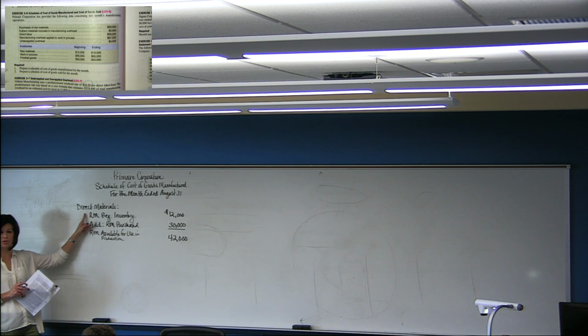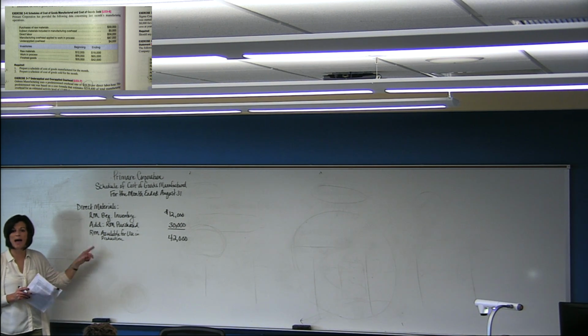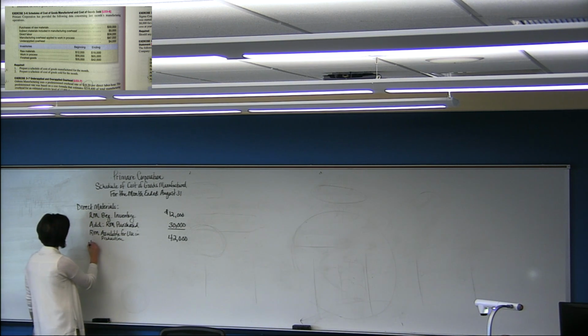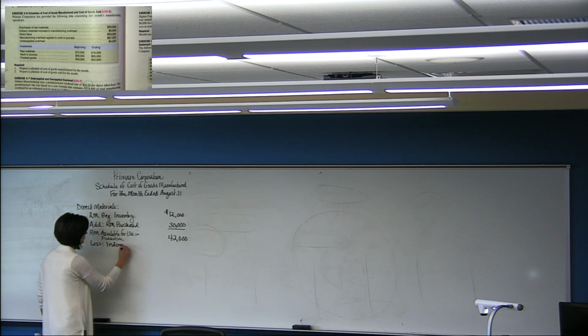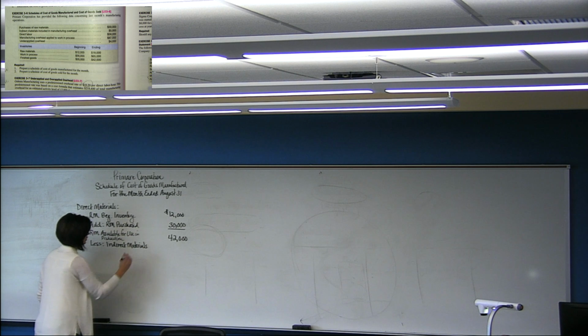And then I can use those two terms interchangeably, raw materials, direct materials, as long as they're all direct. But what I need to know is what my direct materials are, because if I don't subtract them out of this total, they're already in this total, I will count them twice. So all I'm going to do here, and this is not in your PowerPoint, that's why I'm saying this, is less indirect materials. Okay?